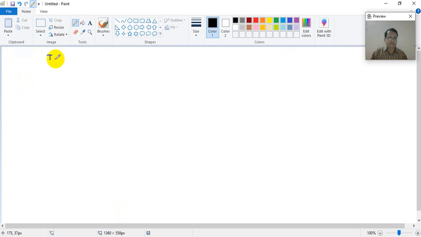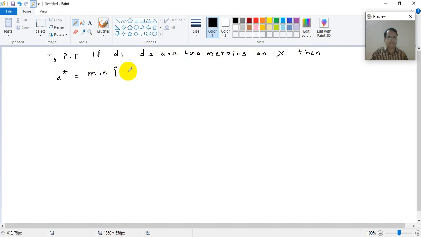To prove that if d1 and d2 are two metrics on X, then d star, suppose, which is the minimum of d1 x comma y and d2 x comma y, we have to prove that this is not necessarily a metric.